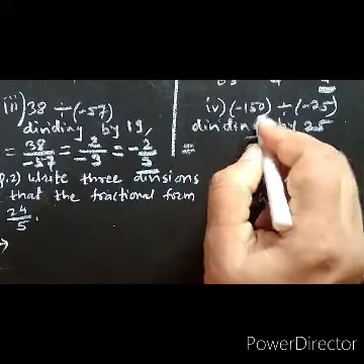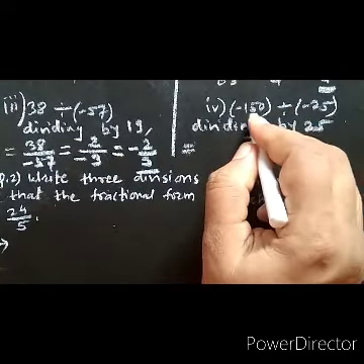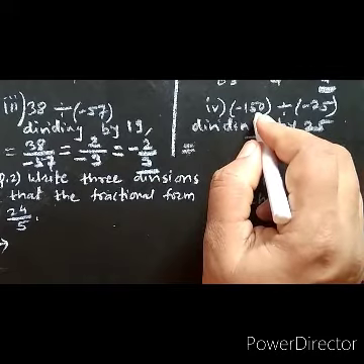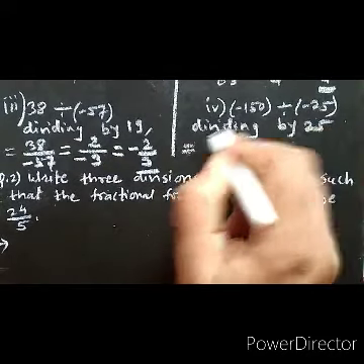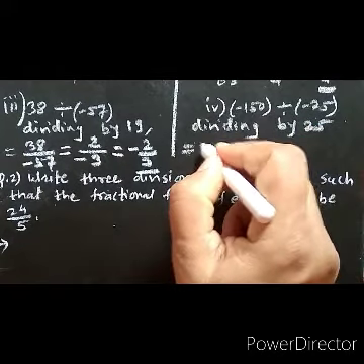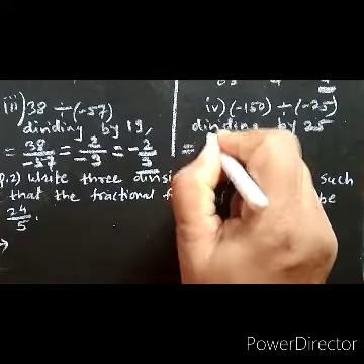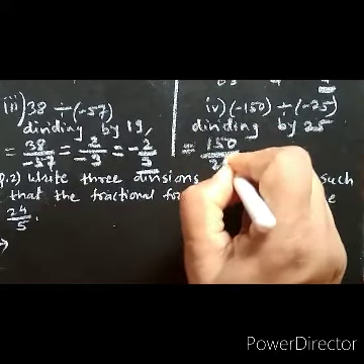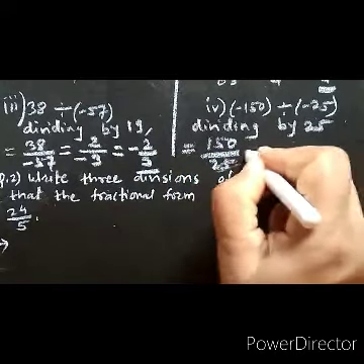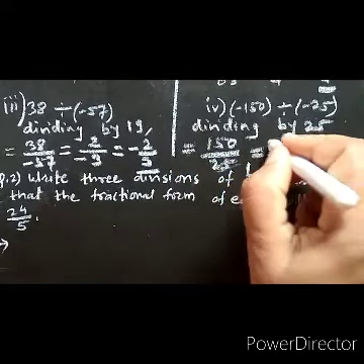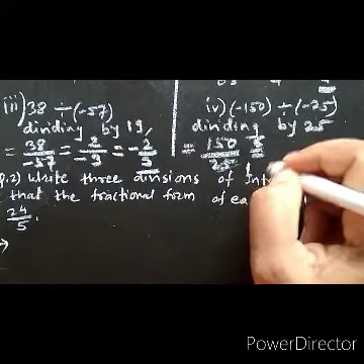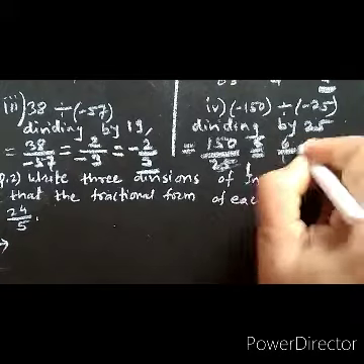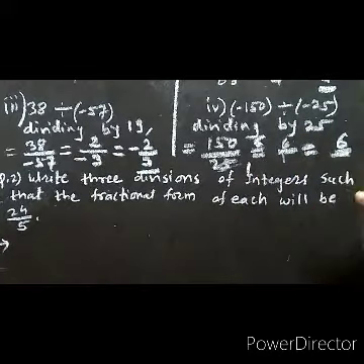Now here, a negative number divided by a negative number, we will get a positive number. So 150 divided by 25: 25 1s are 25 and 25 6s are 150. Therefore 6 upon 1 means we got plus 6.